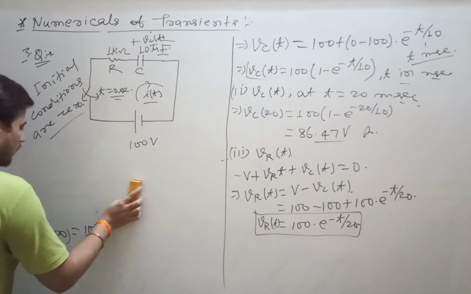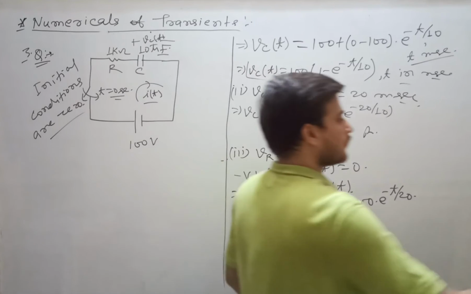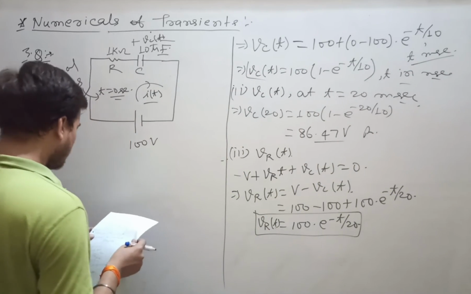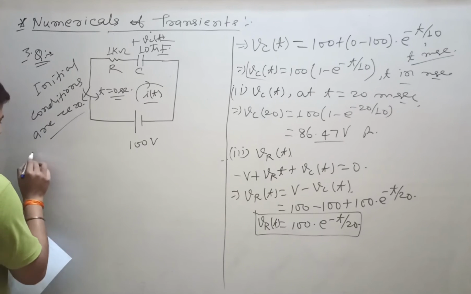Now come to the fourth question. They are asking you to find VRT at t equal to 20 millisecond.